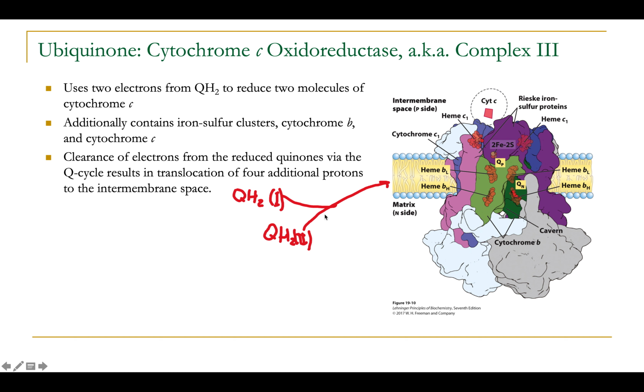As a net product, complex 3 mediates the transfer of electrons from reduced ubiquinone, reducing them back to oxidized form, and channels this electron flux through complex 3 to cytochrome C, which has an even higher reduction potential.